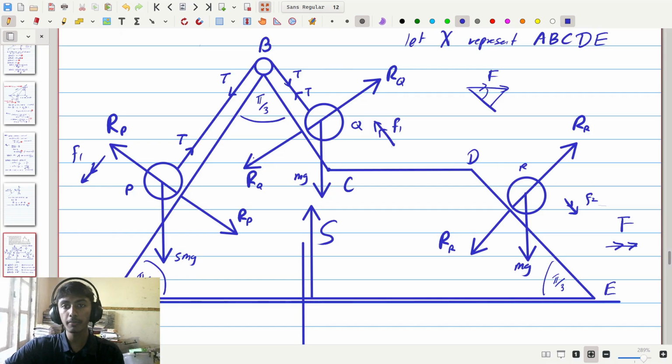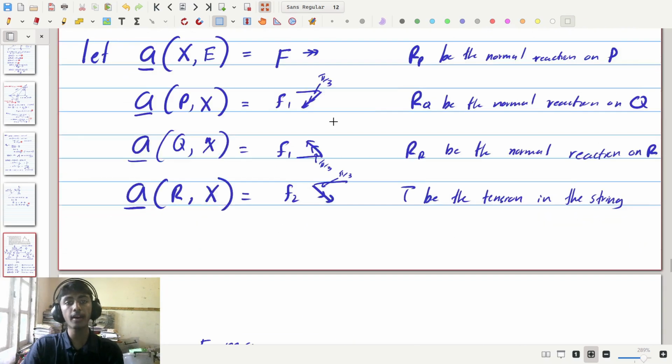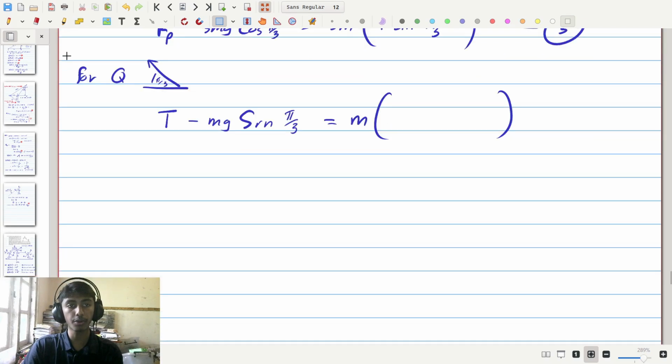So therefore this is pi by 3. If this is pi by 3 and we want this component, we want the cosine of pi by 3. So you have F cosine pi by 3 in the negative direction, which means we have minus F cosine pi by 3. So you have plus F1 minus F cosine pi by 3. So if we go down and write that, we have m times F1 minus capital F cosine pi by 3. And this is going to be equation number 4.